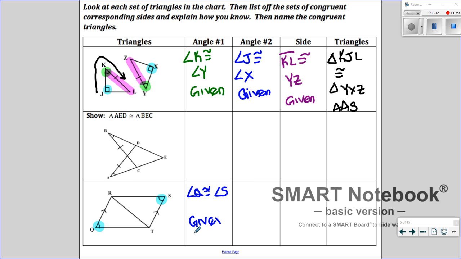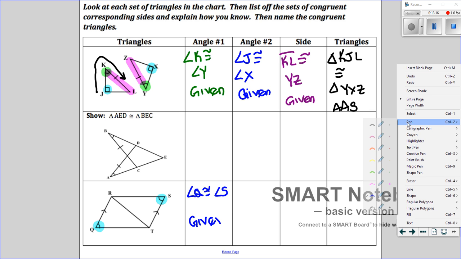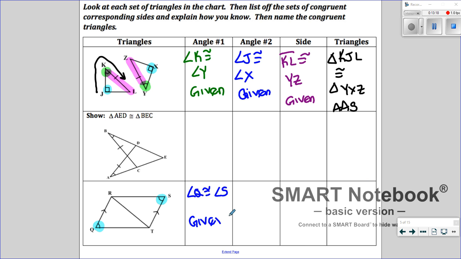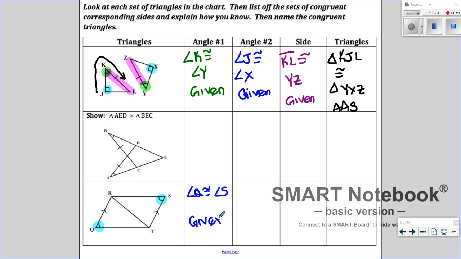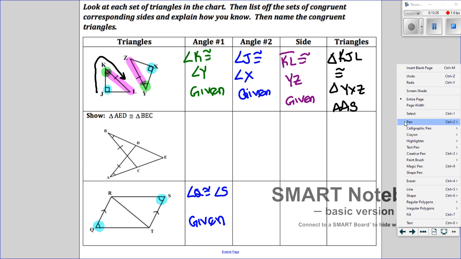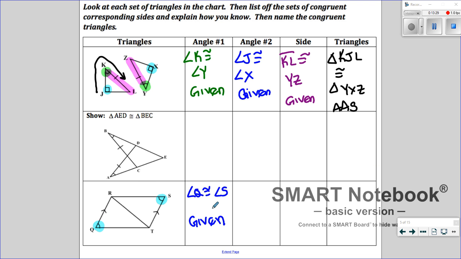So I'm going to have to find the other angle. For that one, let me use green for this. I need to make this an N. So I need to find the other angle. So remember, there's two parallel lines. We have this line, RQ, and TS. They're parallel.